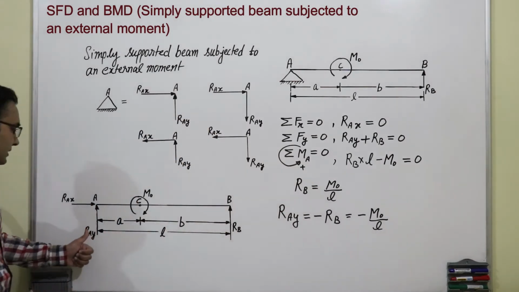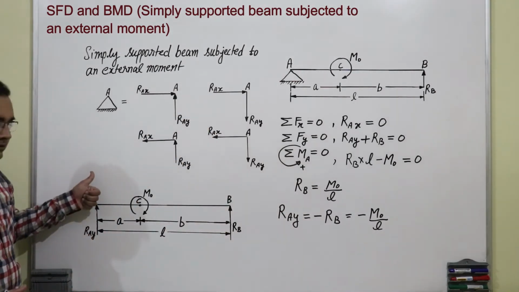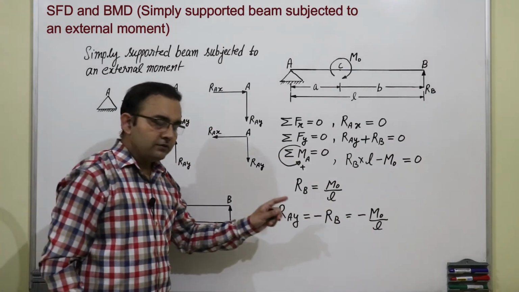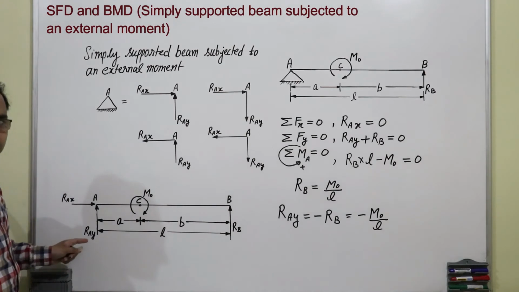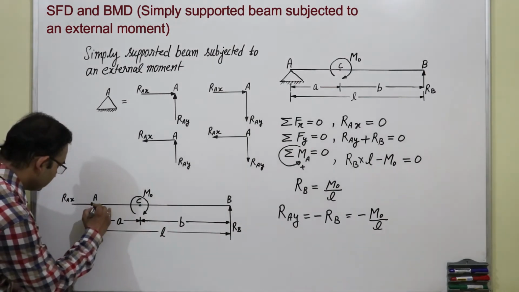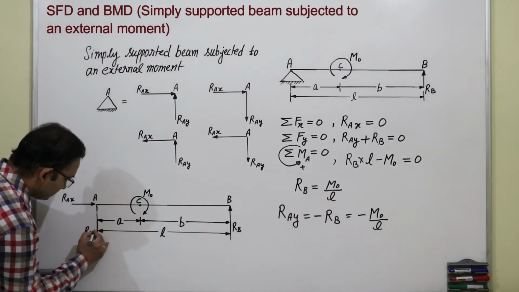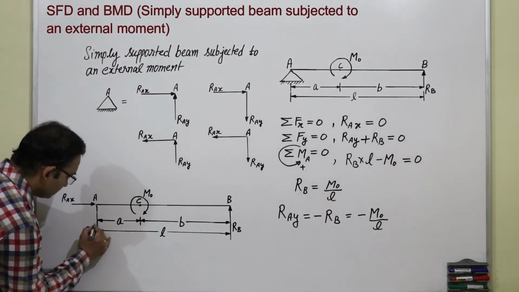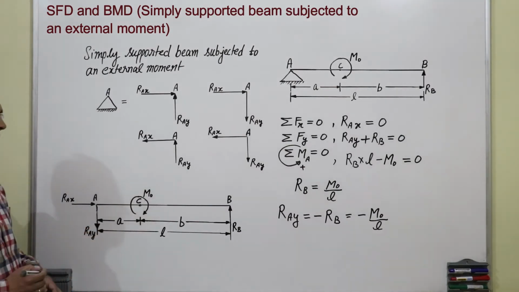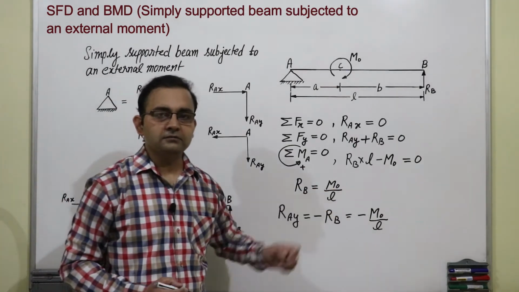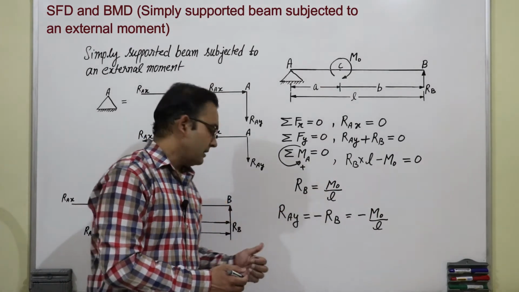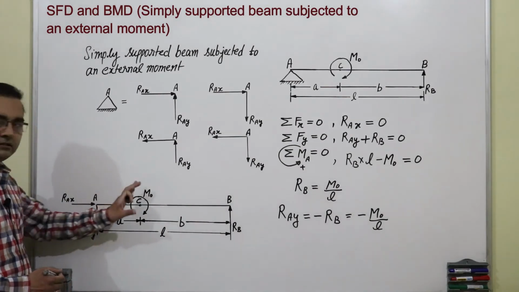So we have taken RAY in this direction upward, but the final value is negative. It means we have to reverse the direction of this arrow. So it will come like this. Because it is negative. So if the force will come negative, we will change the arrow direction. Now it is okay.